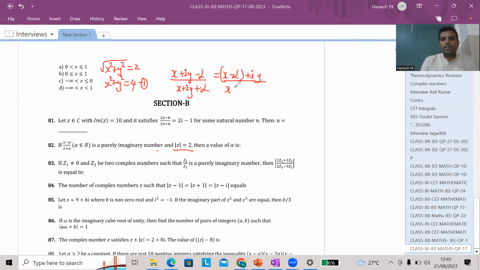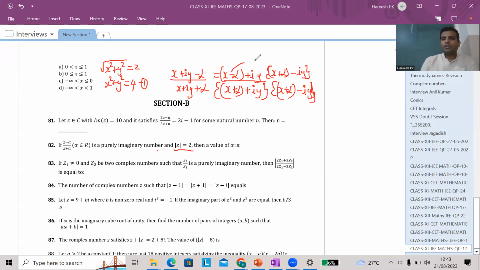Let us rationalize and see what we get as the real terms. And I multiply by the conjugate, and I multiply here also the conjugate. So now this is like real terms. In the numerator, real terms I should equate to 0.